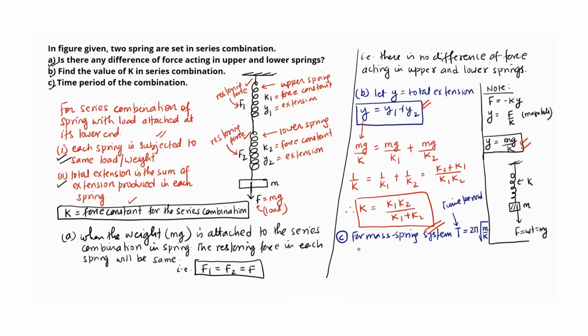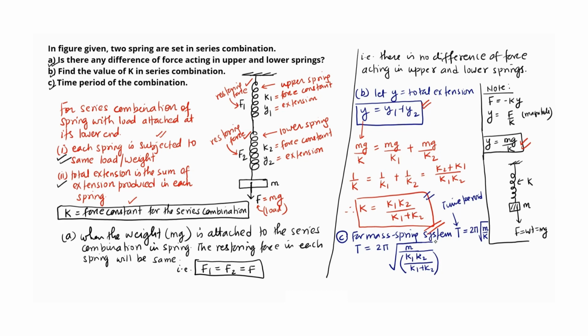So T equals 2π under root m, and we know for the combination the value of k is k1 k2 by k1 plus k2.